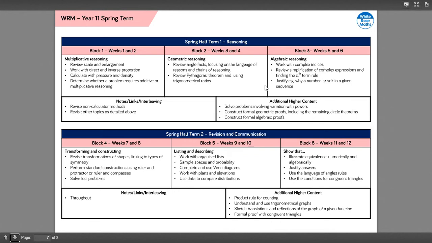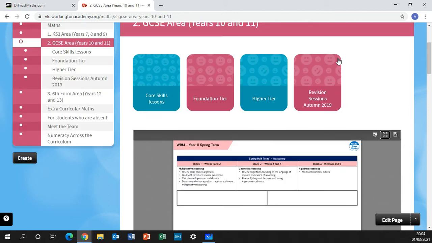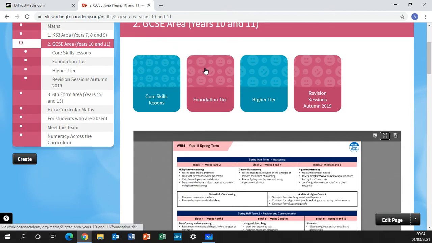Just to highlight the additional higher content, as you can see, during GCSE there are two tiers on which your study can be focused, either foundation tier or higher tier, and that's dependent on the tier of entry into year 10. Generally, foundation tier, we are focusing up to grade 5, and higher tier, we're trying to get up to grade 9.